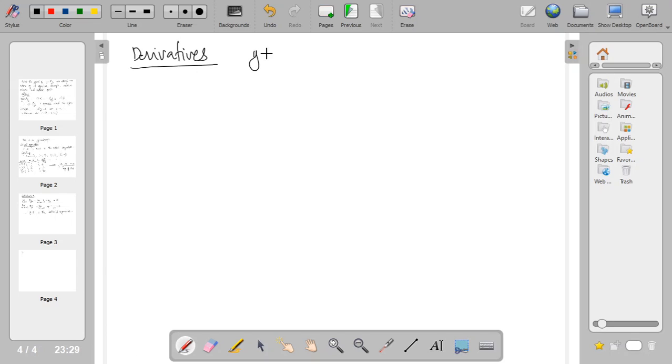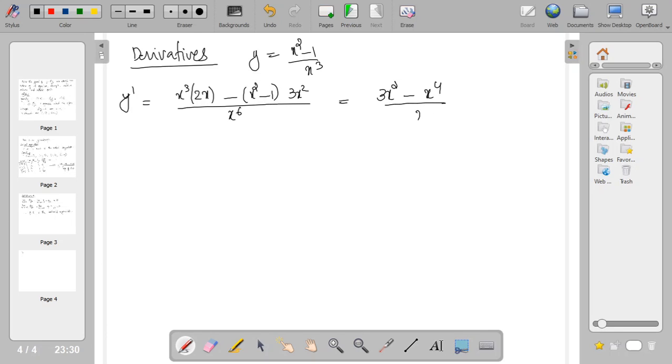So you have y equal to (x squared minus 1) by x cubed. So y dash will be x raised to 6 into 2x, minus (x squared minus 1) into 3x squared, so that will be 3x squared minus x raised to 4 by x raised to 6.